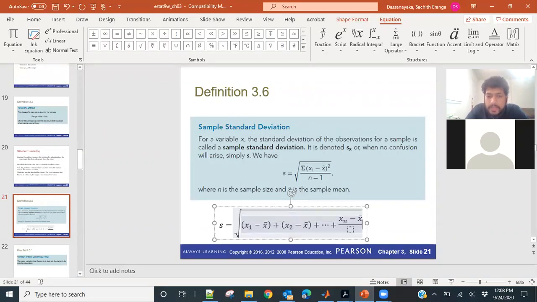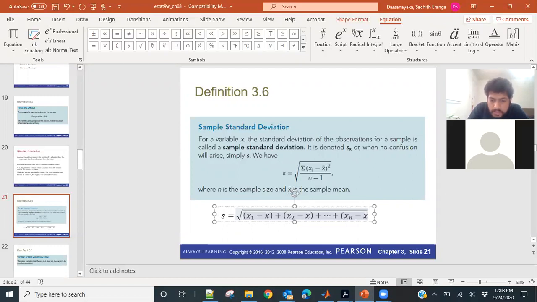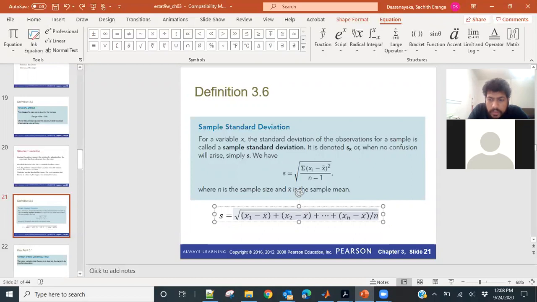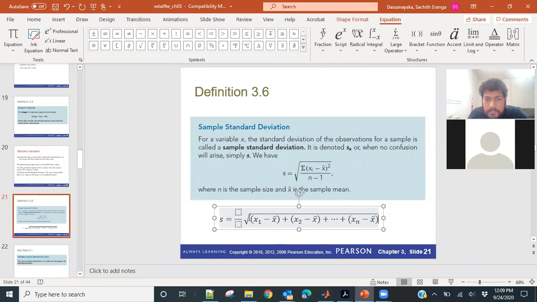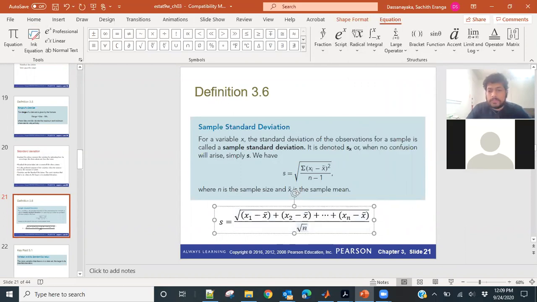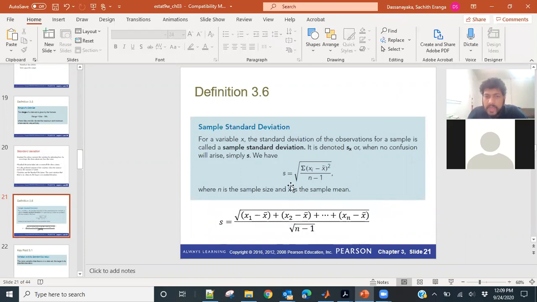Then divide that by n minus 1. Here you have just a single square root.